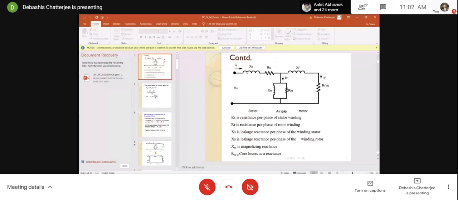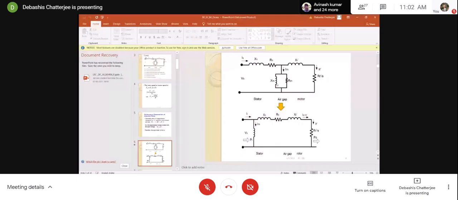So naturally, the current flowing through XM will be almost the same whether I place it here or at the supply end here, right? Therefore, we can easily modify the equivalent circuit like this. So this is XM, RM, and then this has been shifted to the stator side like this, without this RM.